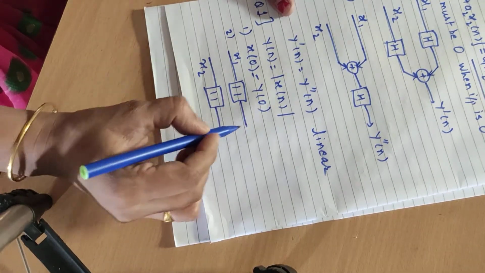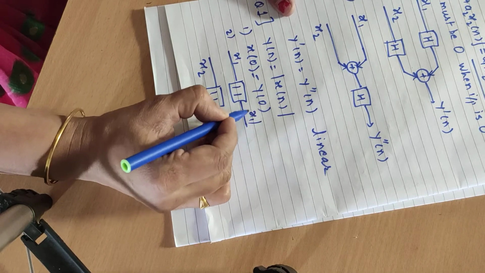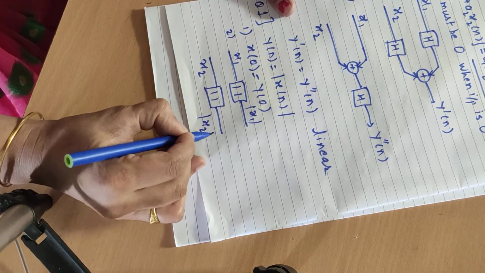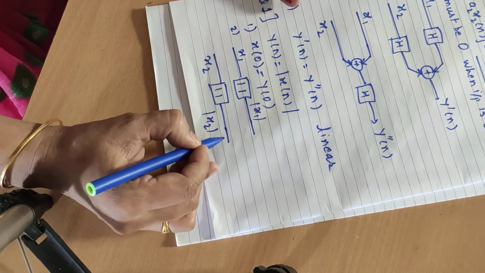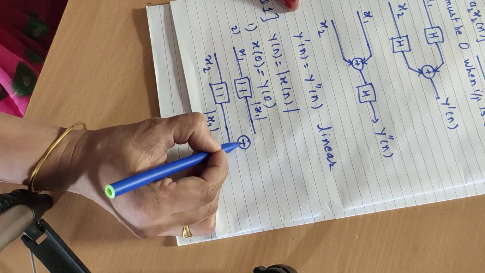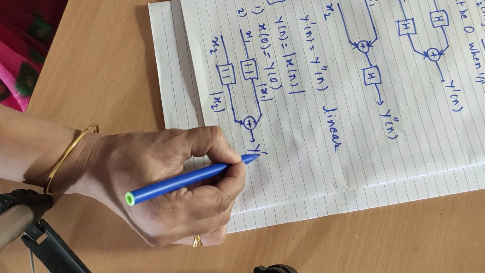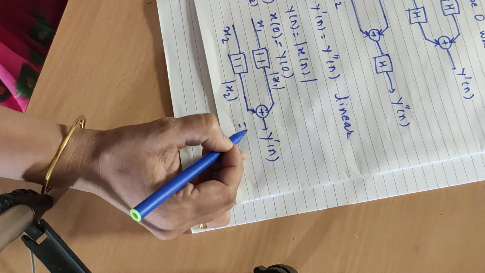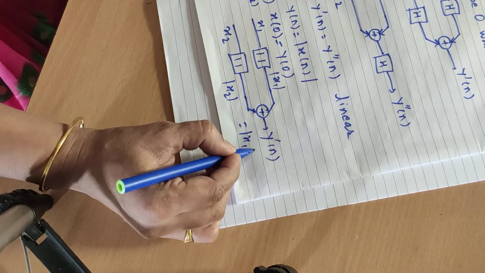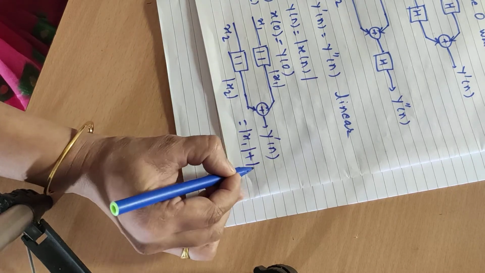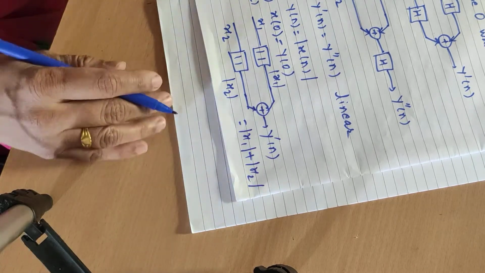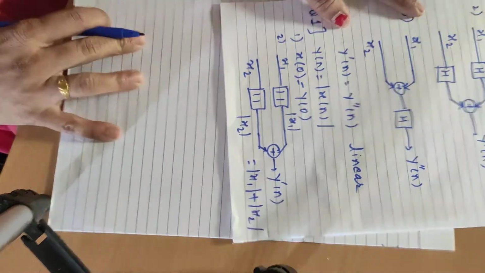So here we will obtain mod of x1 and mod of x2. After addition we will get y dash of n is equal to mod of x1, the individual input, plus mod of x2, the second individual input. This is y dash of n.